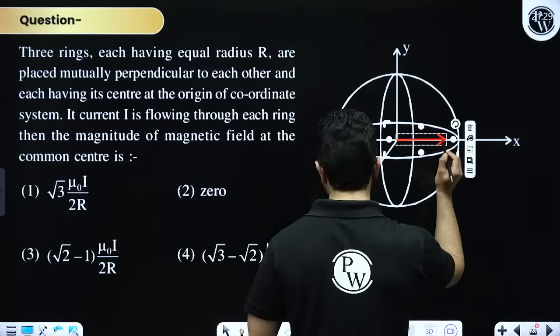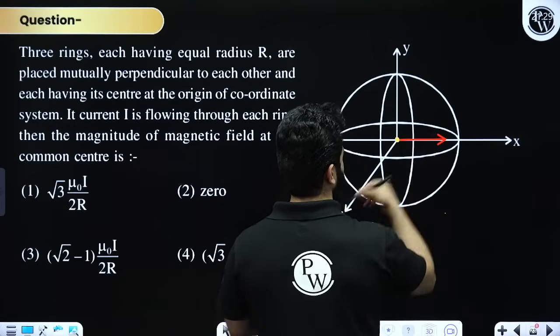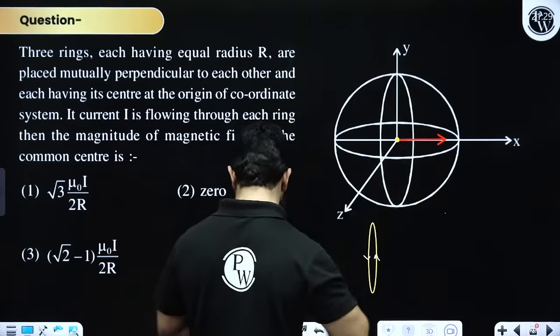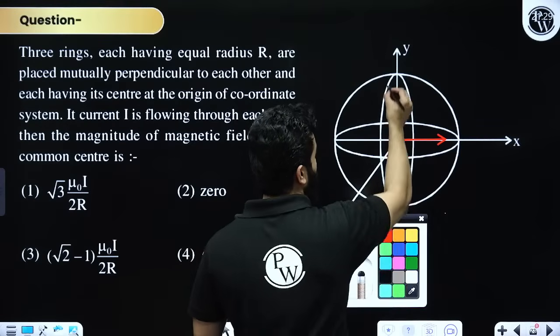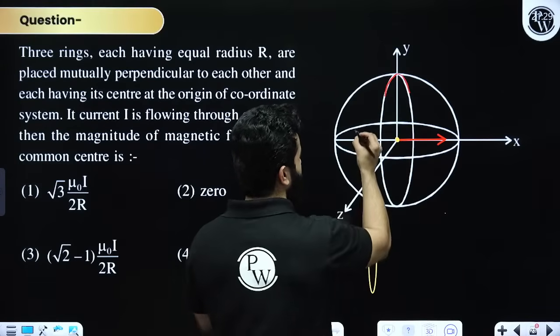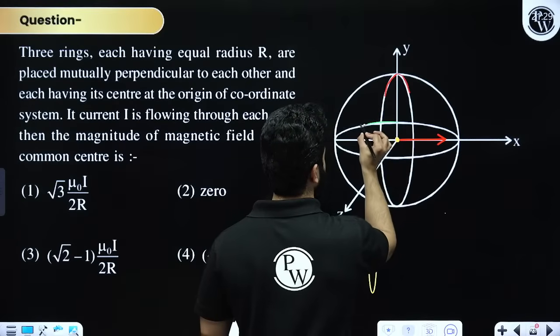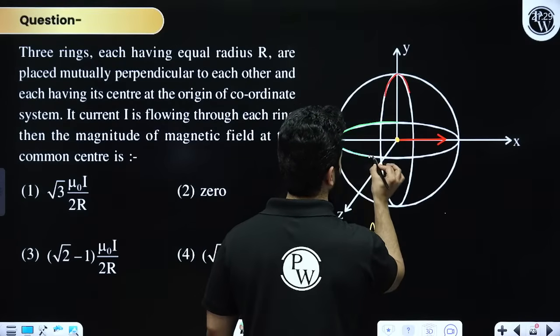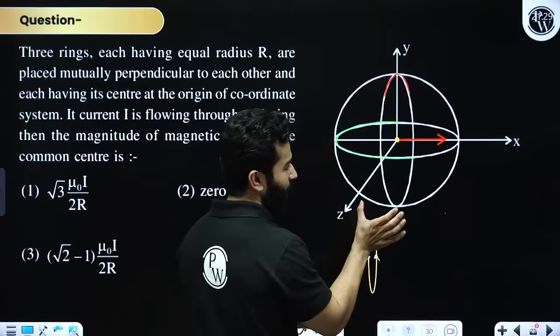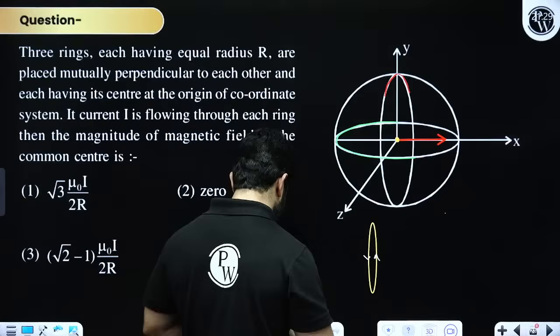Although they have not given us the direction of current, let's suppose this is because of this ring. I'm going to color code it for you. Now let's talk about this ring. Kindly see this ring. If current is moving in this direction, anti-clockwise, magnetic field will be upward.